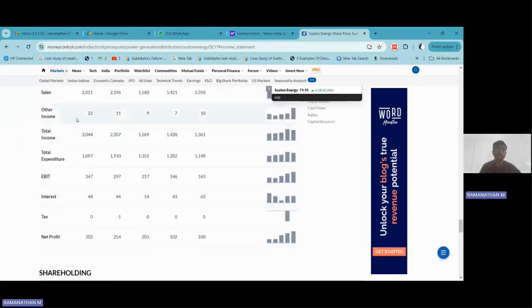So the income statement shows how much sales are happening in your organization, how much income, other income, total income you are earning, how much expense and total expenditure you have, and total income minus total expenditure is EBIT, earnings before interest and tax. After deducting interest and tax, you get the net profit or earnings of that company in every quarter. This is all about the income statement. Fine. So this is how you read the income statement, and you have to take decisions from the income statement. Fine. Thank you.